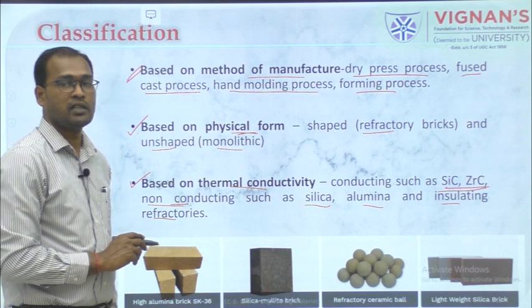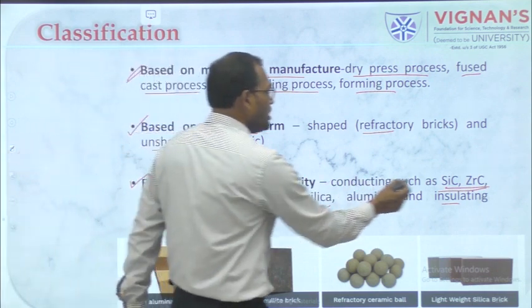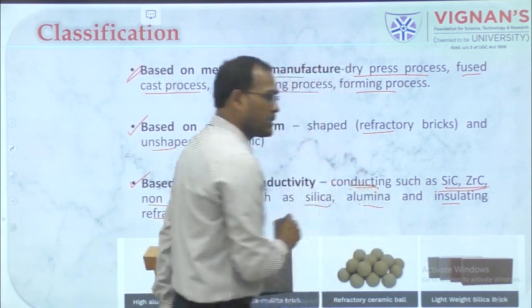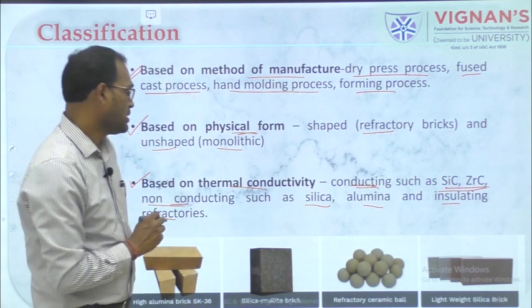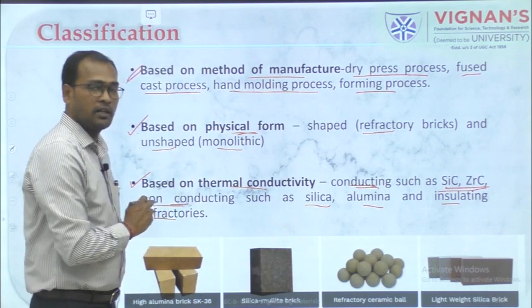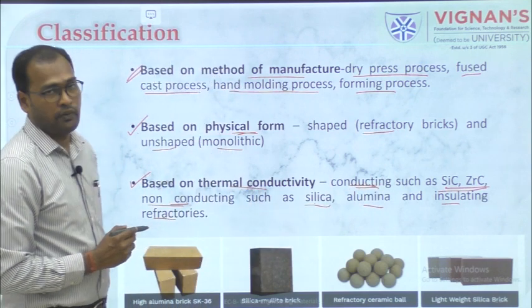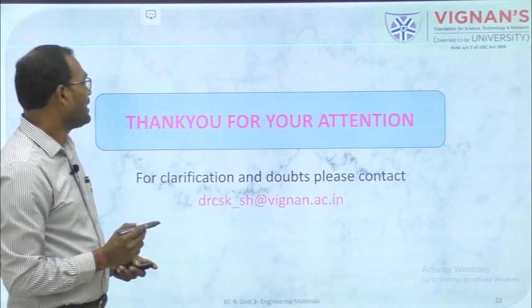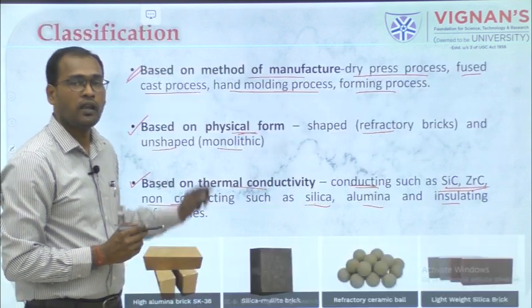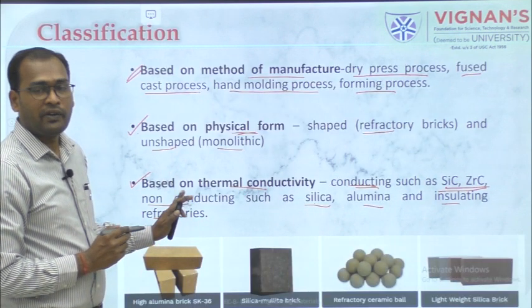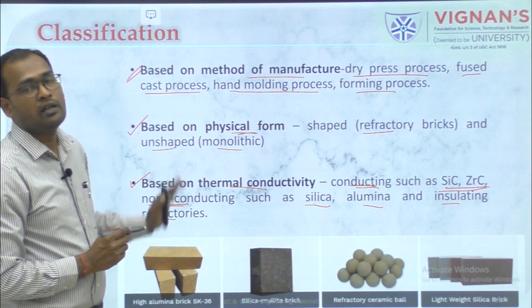We can classify based on conductivity. So silicon carbide and zirconium carbide are examples for conducting materials, and non-conducting materials will be silica, alumina, and other insulating refractories. So this is how we classify the refractory materials under different subheadings.